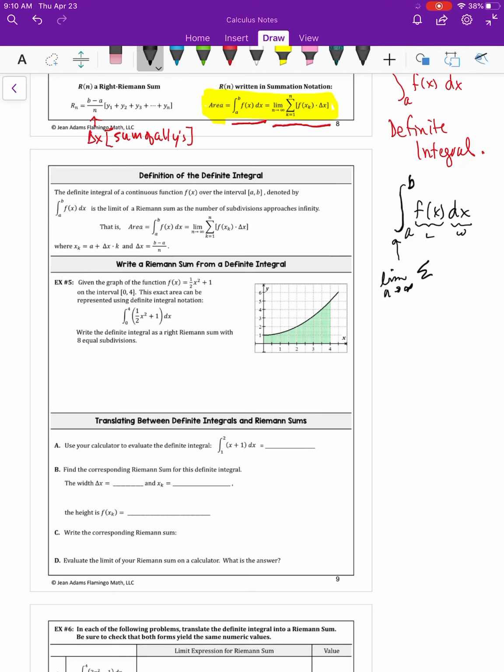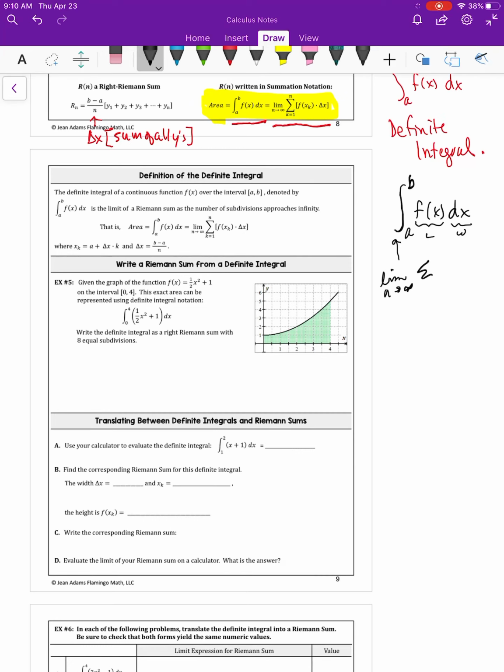All right, so now the definition of the definite integral. The definite integral of a continuous function f of x over the interval a b, denoted integral from a to b f of x dx, is the limit of a Riemann sum as the number of subdivisions approaches infinity. That is, the area equals the integral from a to b f of x dx equals the limit as n goes to infinity of the summation k equals 1 to n of f of x sub k times delta x.